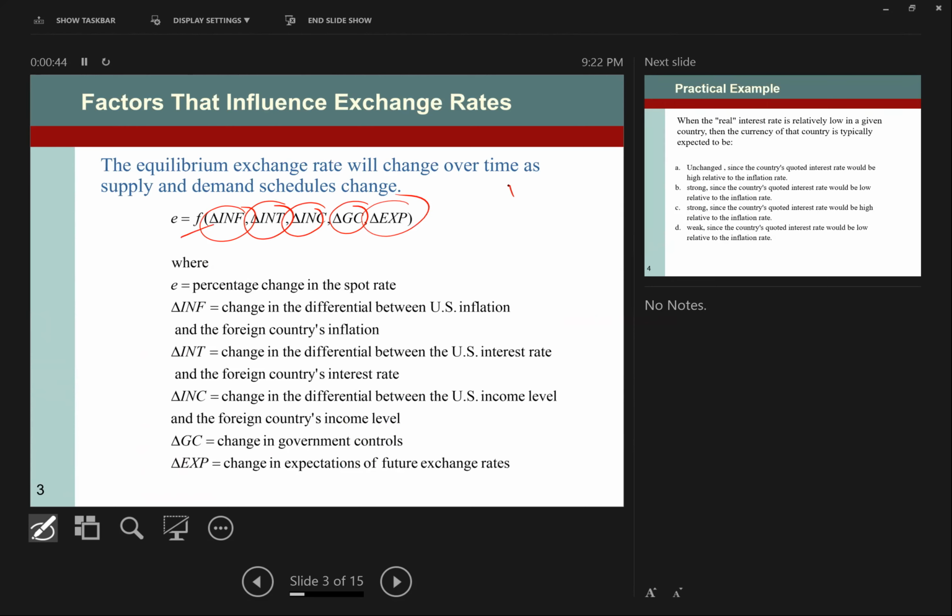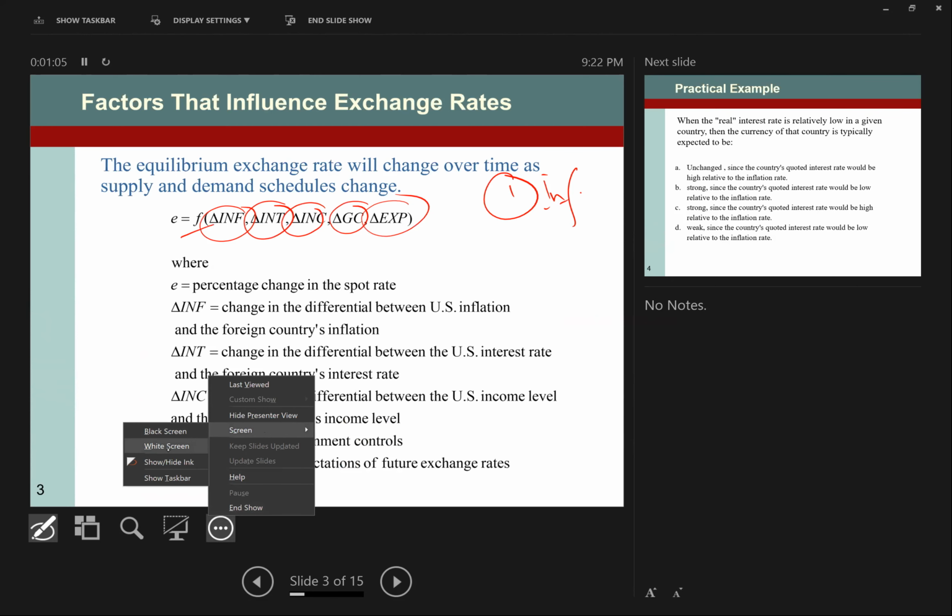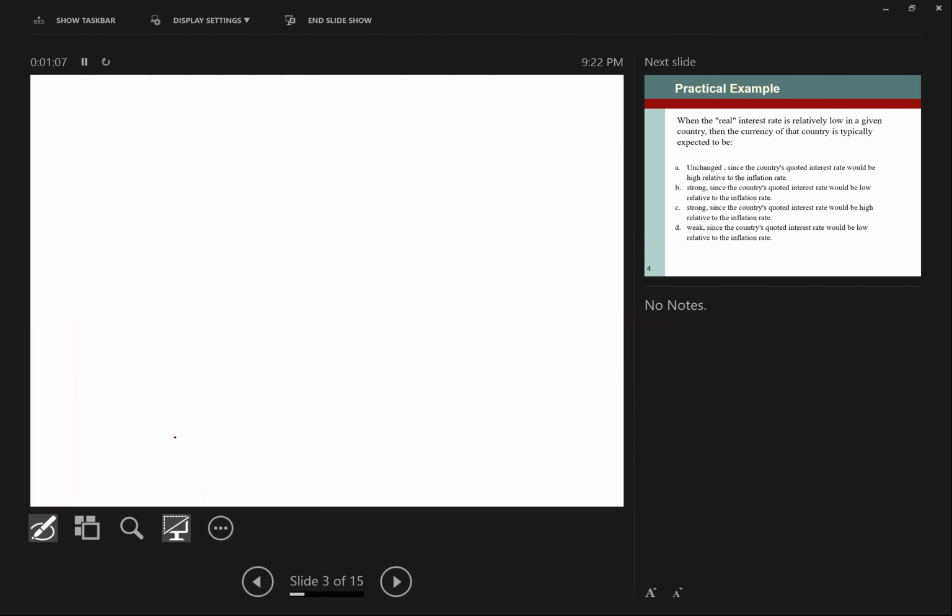Nicola, tell me, what does it mean by relative inflation? Just explain how relative inflation is going to affect the exchange rate.